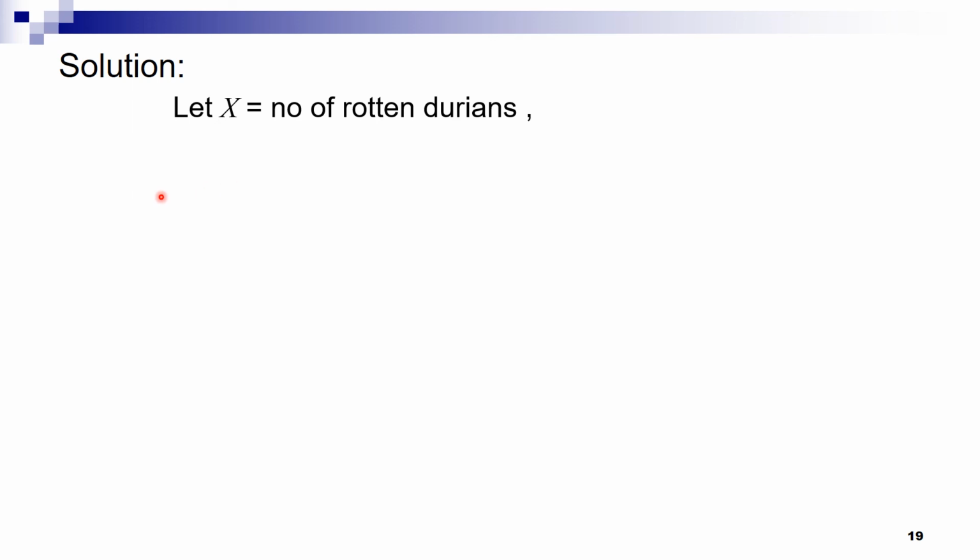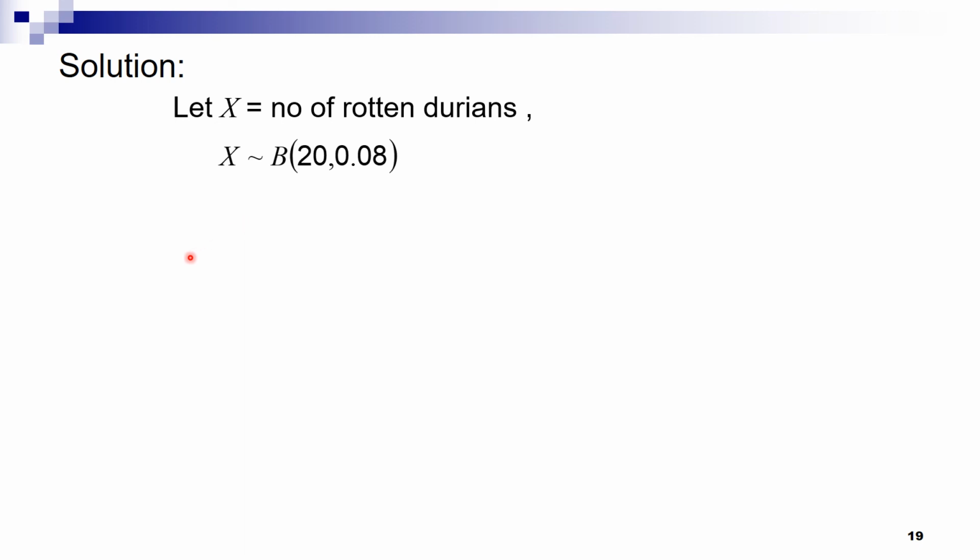So we can write x as binomially distributed with n 20, and the probability of getting a rotten durian is 0.08.